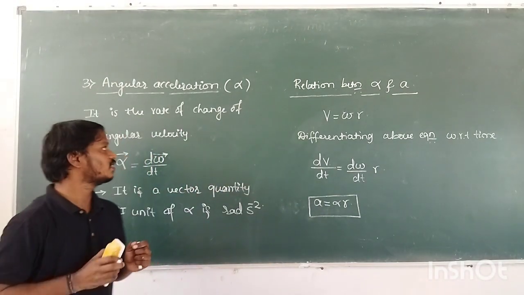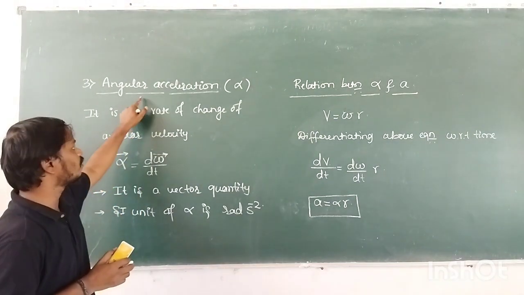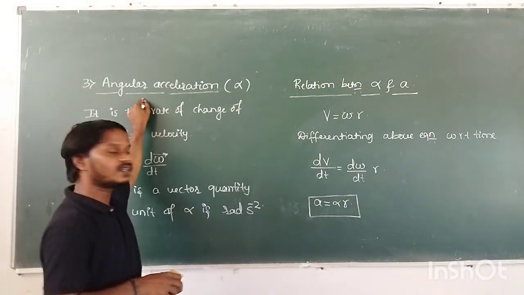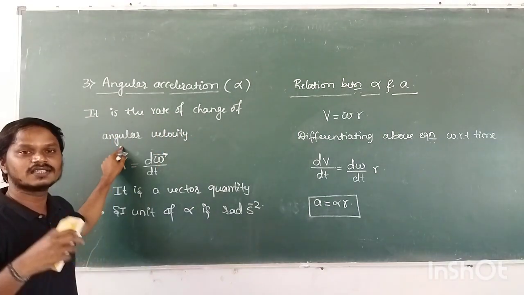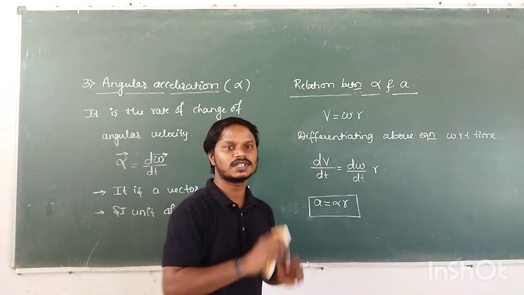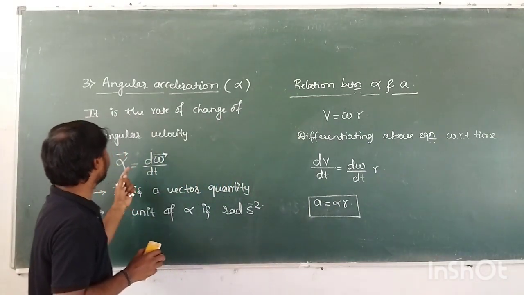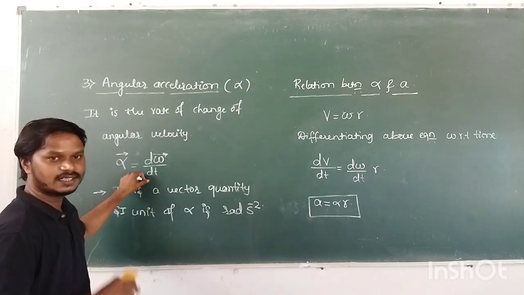So the third term used in rotational motion is angular acceleration. It is the rate of change of angular velocity, meaning the change in angular velocity of the rotating body with respect to time. The mathematical expression is alpha is equal to d omega by dt.